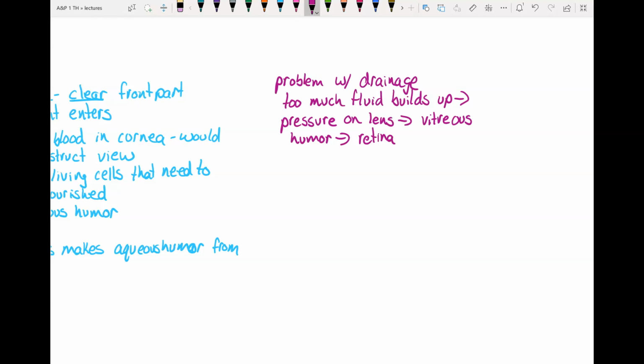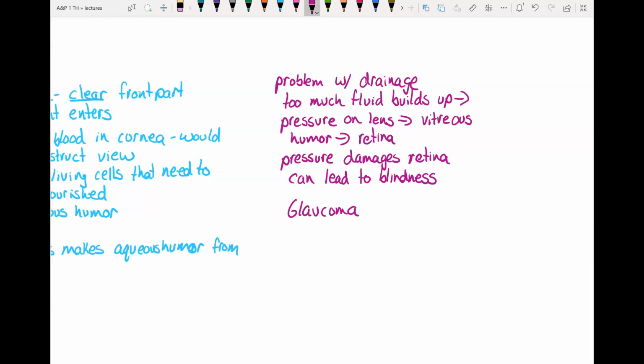The retina is made of your photoreceptors, which are very delicate. They're neural tissue. So then this pressure can damage the retina. And it can even lead to blindness. And the name of this condition is glaucoma. So glaucoma is too much pressure in the eye because that aqueous fluid is not draining.